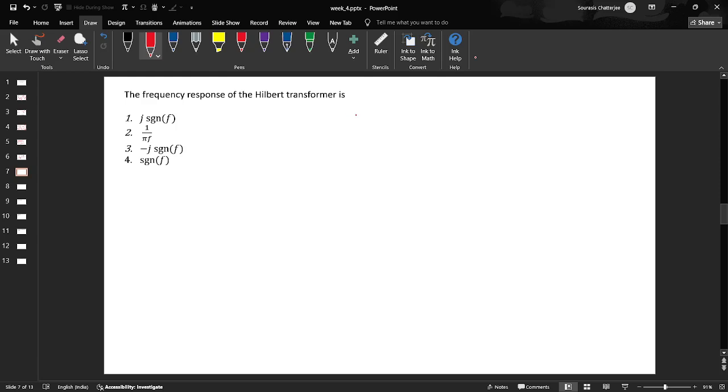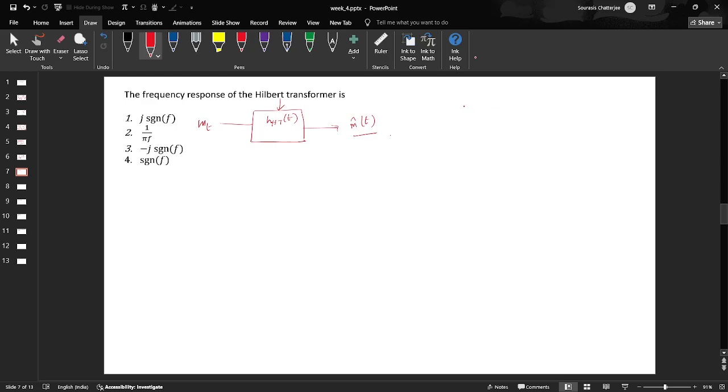So let's say I have a signal m(t), I am passing it through a Hilbert transformer. This is my Hilbert transformer, and I denote its impulse response in time domain as small h_HT(t), and the output you are getting, let's say m hat(t).